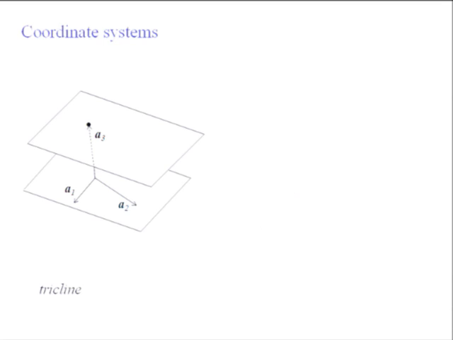Now, we can introduce a coordinate system, especially because in hexagonal materials, if twinning is on the pyramidal plane, then you cannot introduce a simple coordinate system.